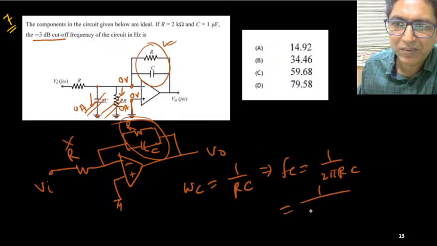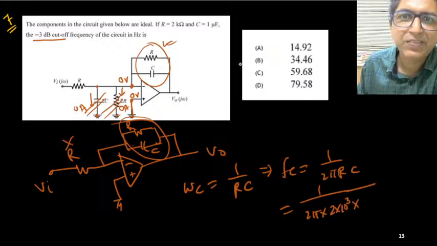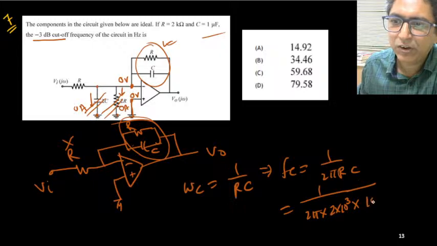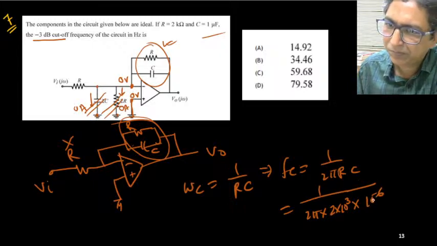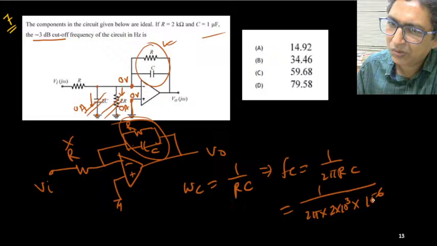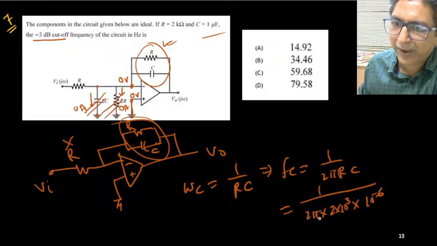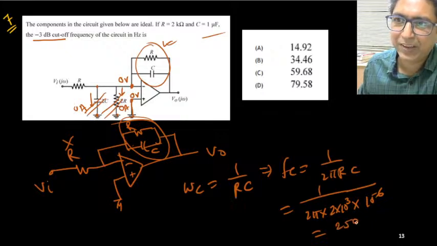So this is 1 over 2 pi, R is 2K, 2 into 10 to the power 3, and C is given as 1 microfarad, 10 to the power minus 6. So it will be 1000 by 4 pi, that is 250 by pi, in hertz.